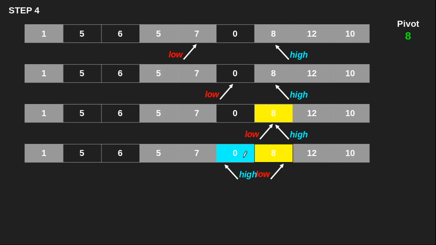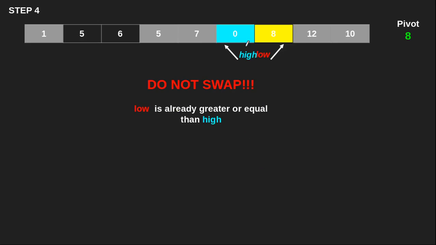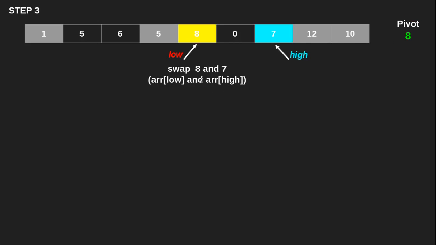Okay, so when we achieve this kind of situation, this is kind of tricky here. Before, for instance, we used the swap when we found some pairs which are not on their correct sides, and then we swap them, right? But there is another tricky condition here: low should be less than high to be able to perform this swap operation.